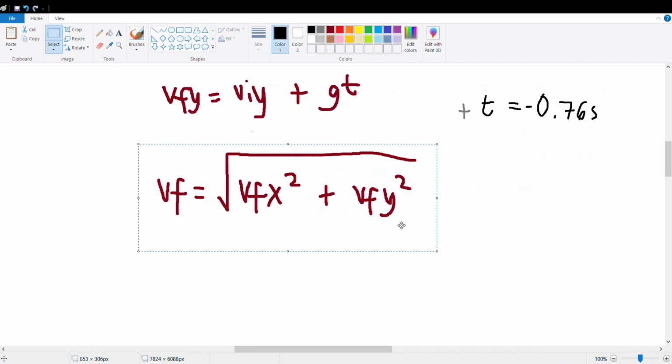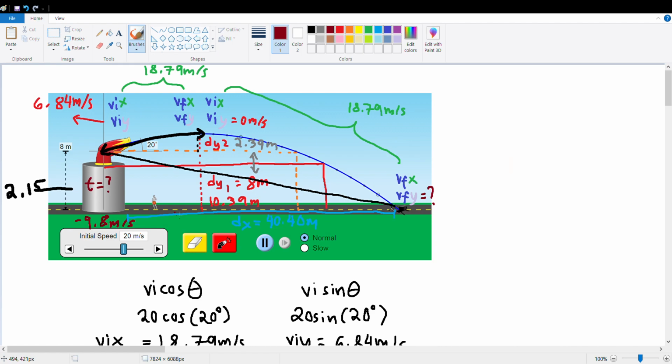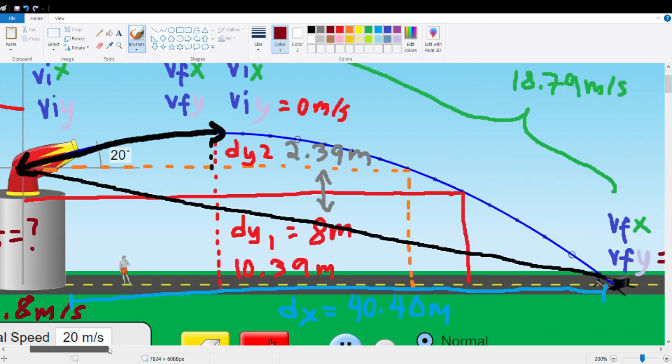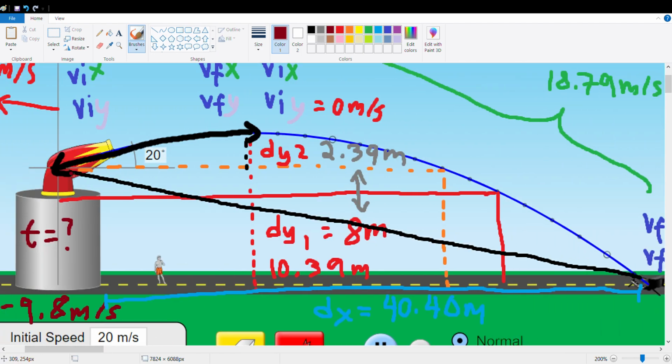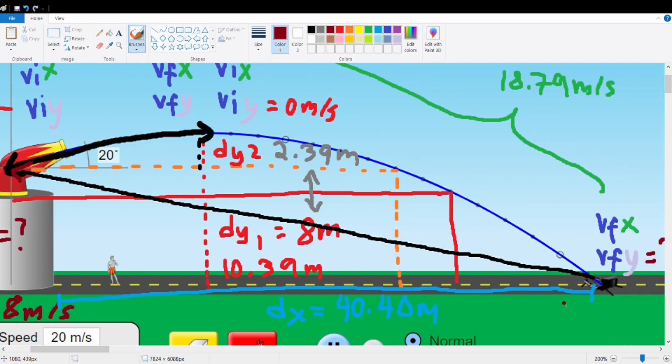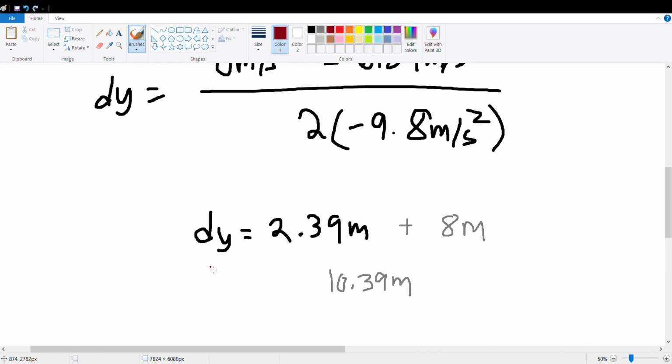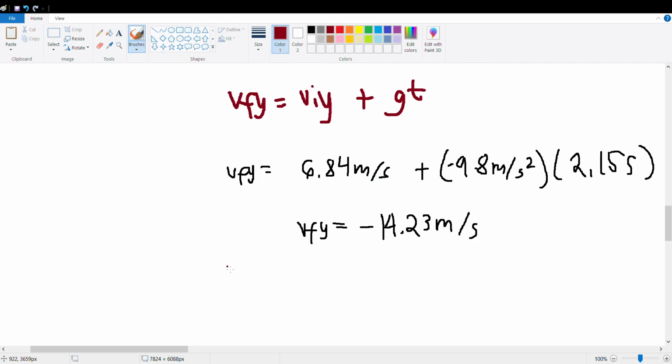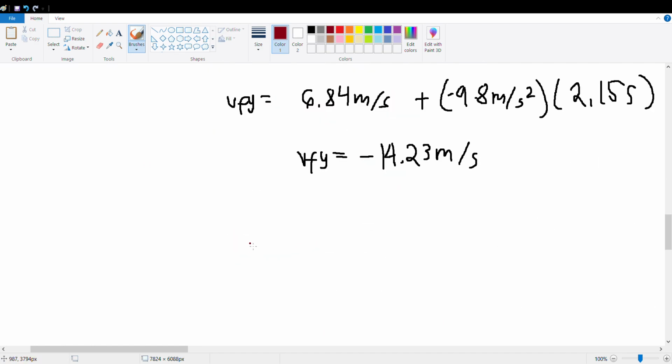Now this was actually taken from the Pythagorean theorem, because we're pretty much finding the closest or fastest way from this location to here. And that is going to be our general final velocity, which is the shortest one.